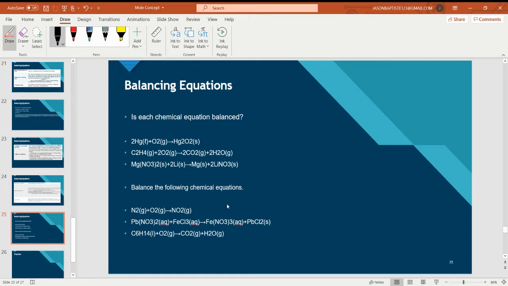Now let's start with the biggest one, the most complex substance, which is the iron nitrate, and start there.